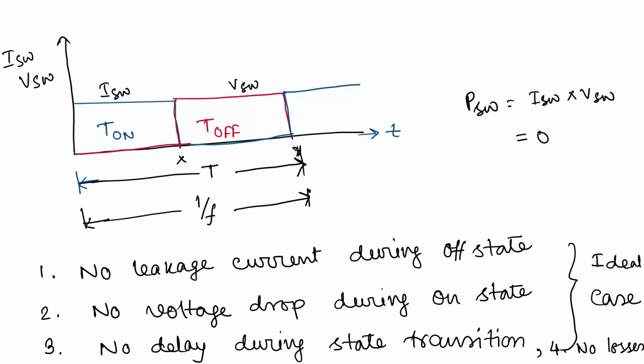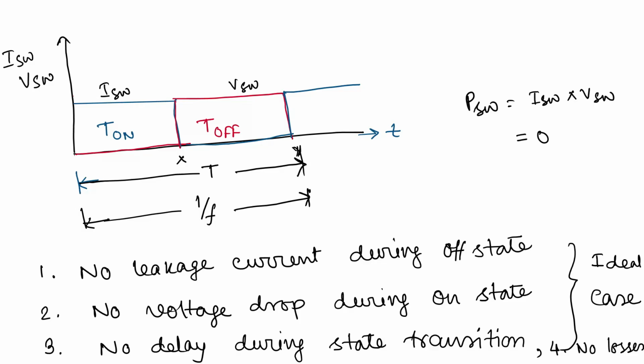So what is the power loss for the T on and T off time periods? During T on, current is flowing but there is no voltage, so power is 0. During T off, there is a finite voltage but current is 0, so the power loss is also 0. So in the ideal case, the power loss during the on state and off state of power electronic switches is 0.